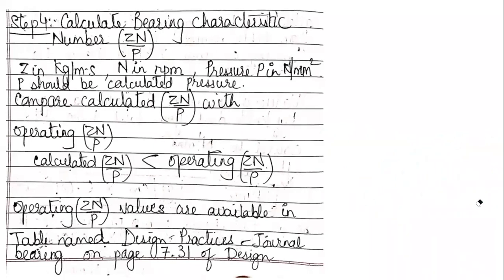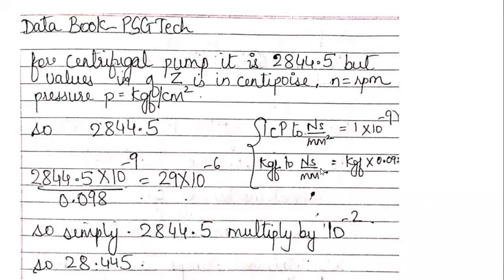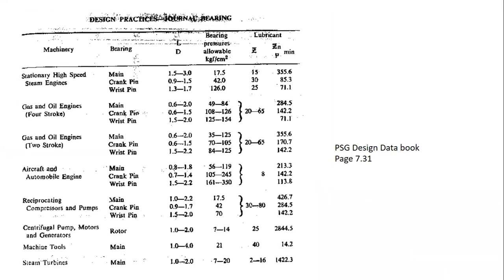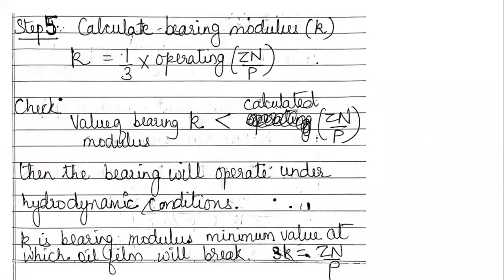Step number 4 is done. Moving to step number 5, you have to calculate bearing modulus K. Right? So bearing modulus K, you will find out by this formula, 1 by 3 into operating Zn by P value.